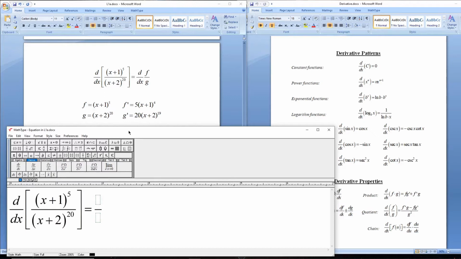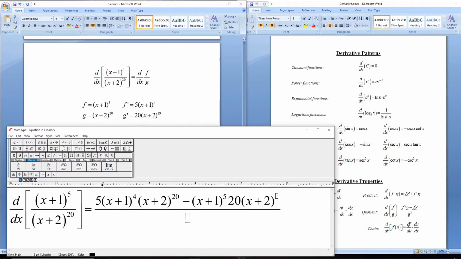And so we have f prime times g, minus f times g prime, all divided by g squared.